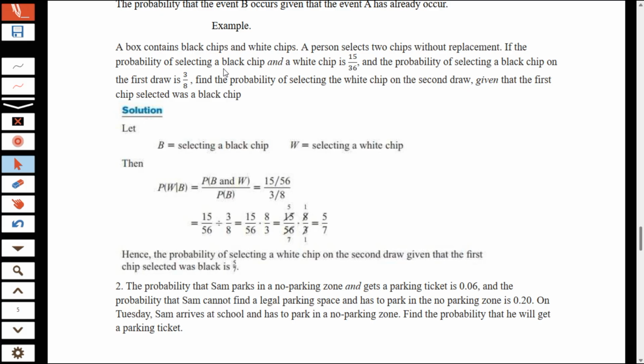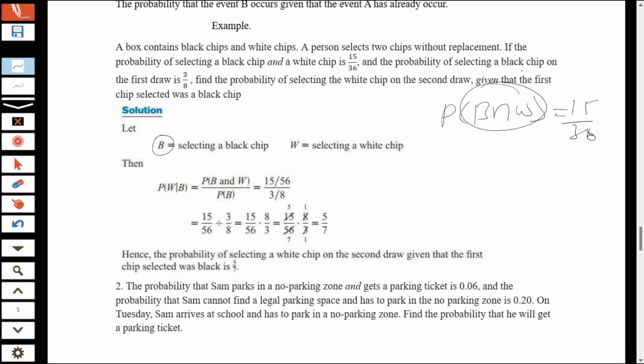If the probability of selecting a black chip and a white chip is 15/36, it means that the probability of B, the black chip, intersect W, the white chip, is equal to 15 divided by 36. So you have been given this one.